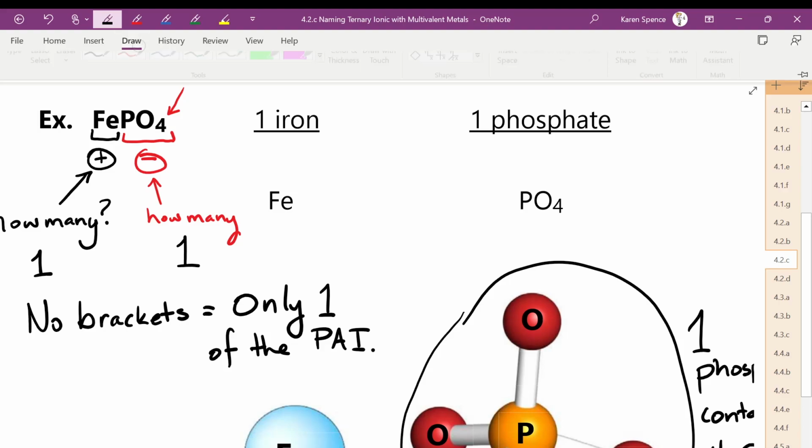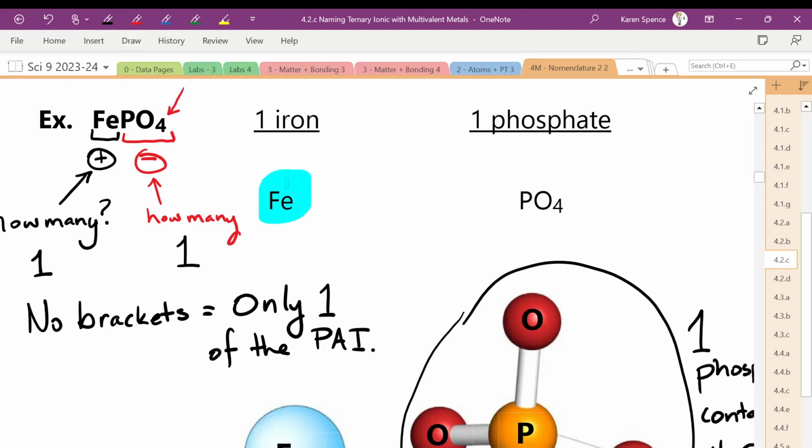So in the meantime, what we've done is we've drawn one iron and we have drawn one phosphate because remember your first job is to write out the ions. Once we have written out the ions, what do we do next? We find the charge.